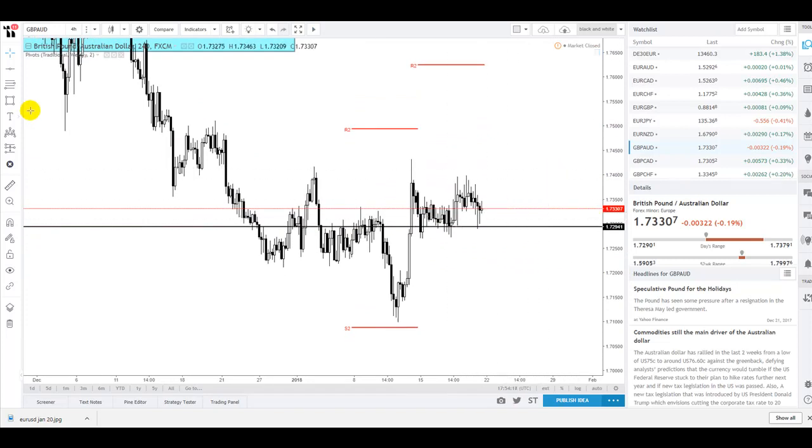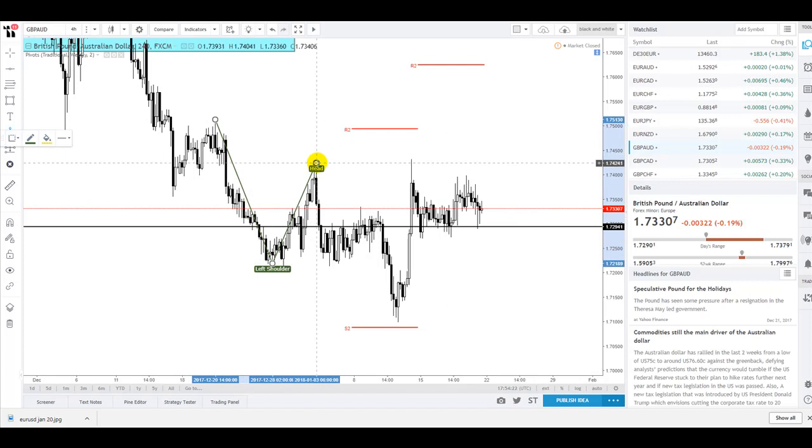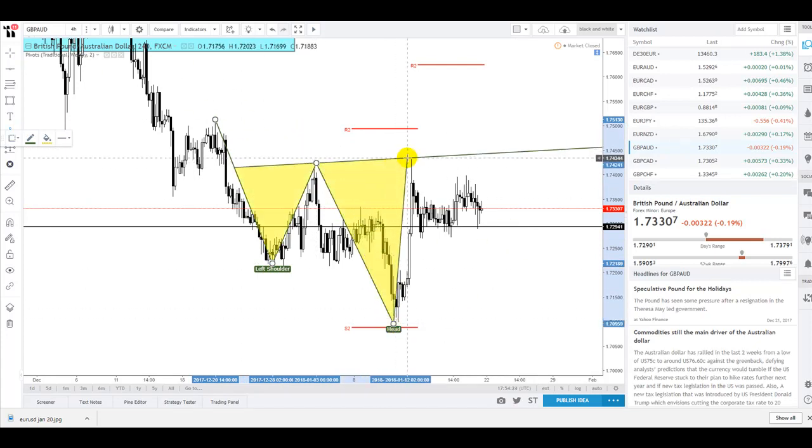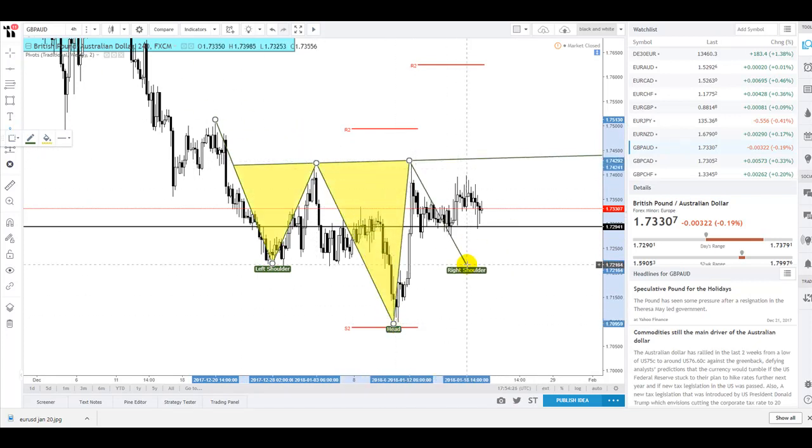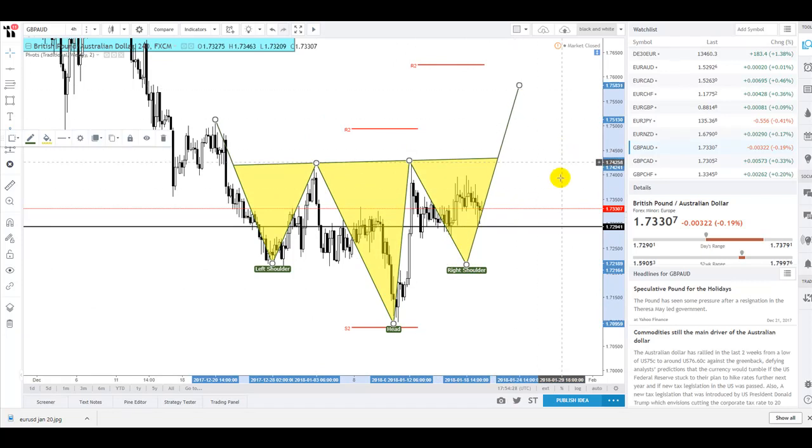So if we look at this, a couple of ways you can look at trading this potential market.